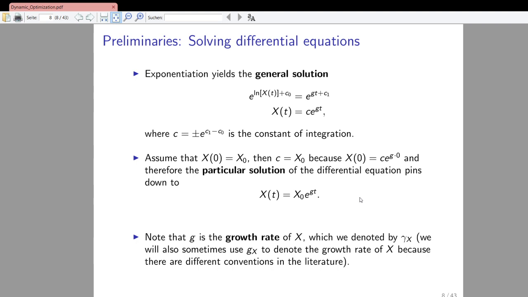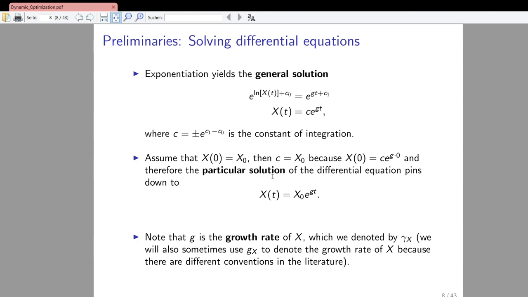However, and this is important, usually we are interested not only in how the general solution path looks, but in one particular solution path that fits an initial value or an endpoint value condition, or in fact pins down any value of the variable at any point in time. Here we do this with an initial value, so we assume that the initial value is given by x sub 0.